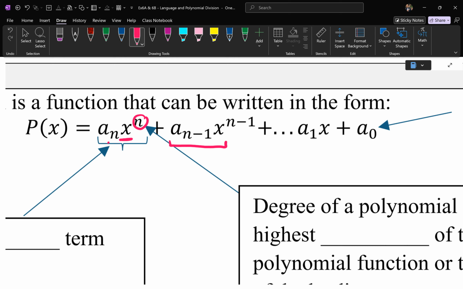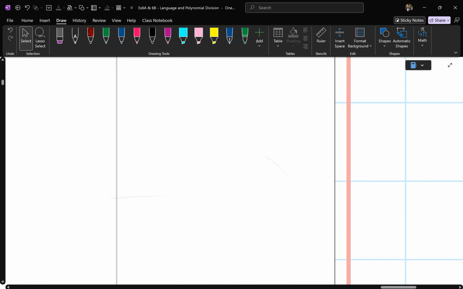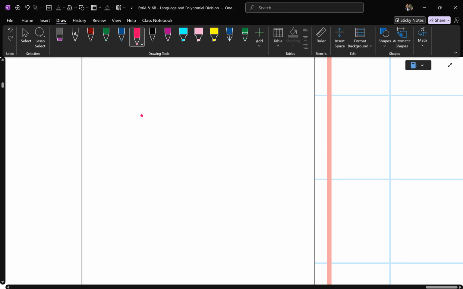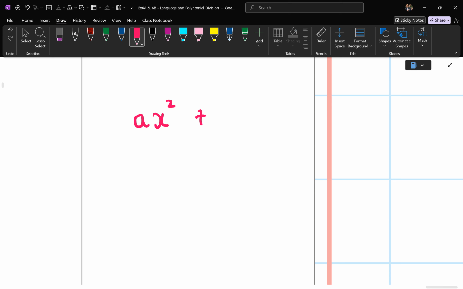And you've already seen these kinds of patterns from, say, for example, quadratics. Quadratics was ax squared plus, and you use another term, you say, well, it's b, and what's the next one? bx. But notice x is a power of 1. And then plus c.